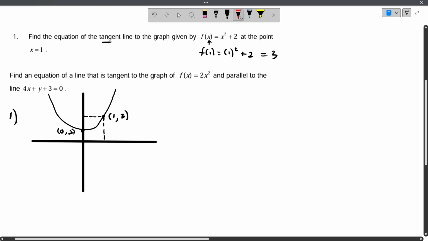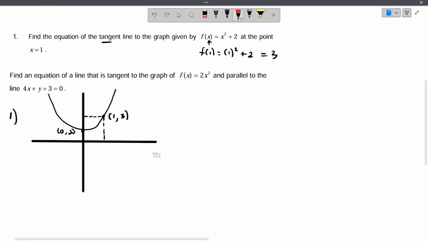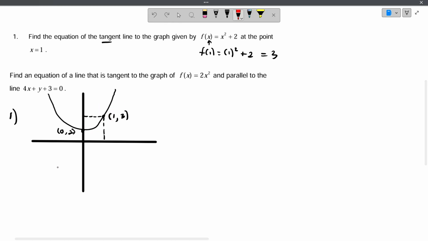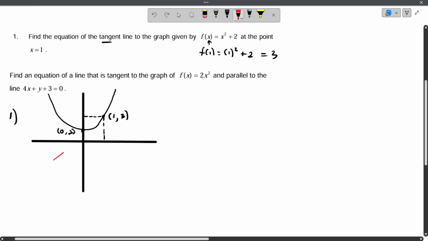And then my tangent line won't be something like that, because now we have two touches. We'll have a touch there and then a touch somewhere there on the negative side. Remember, a tangent only touches the graph once, so my tangent line will be something that looks like that.